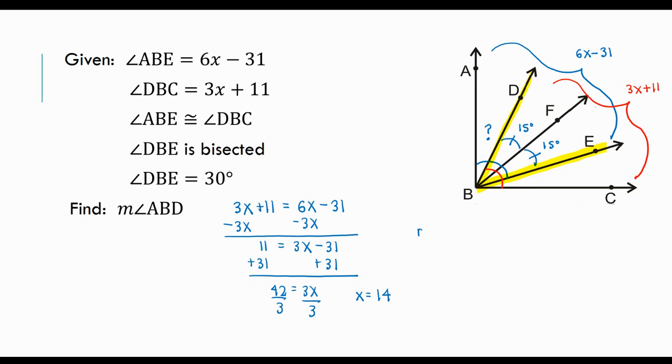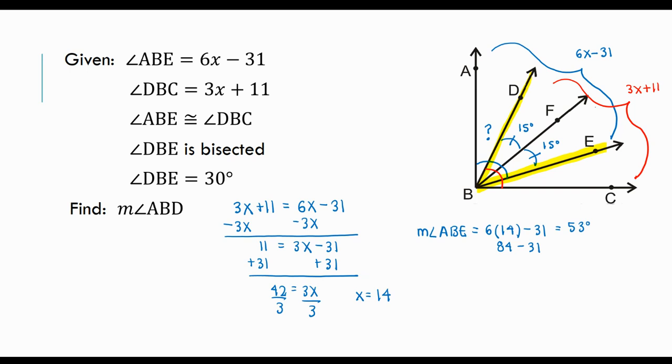The measure of the angle ABE, I'll plug it into this one. It's essentially the same thing as DBC. We'll do 6 times 14 minus 31. 6 times 14 is going to give us 84. I'll subtract 31 from it, and so we have a 53-degree angle.